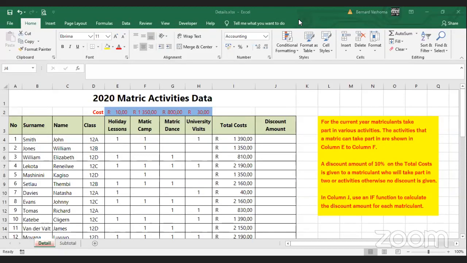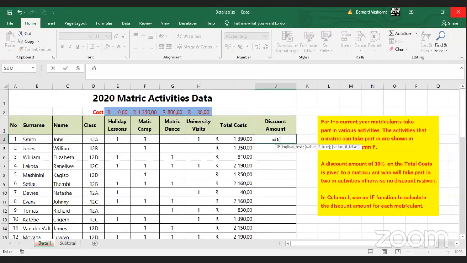All right, I can see people are stuck, but it's fine. I'll be checking there. But let's just go through this quickly, right? So here is the situation. Elena is supposed to get a discount if they are going to take part in 3 or more activities, right? So we're going to go equals IF, open bracket, right?